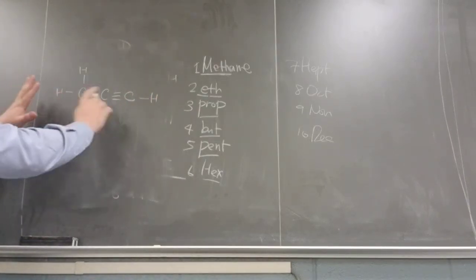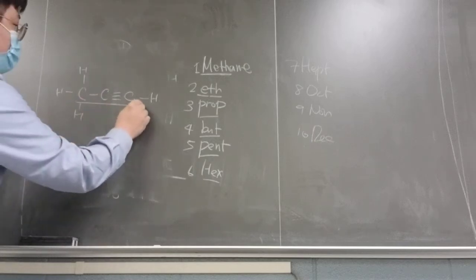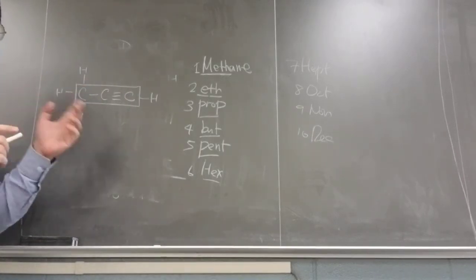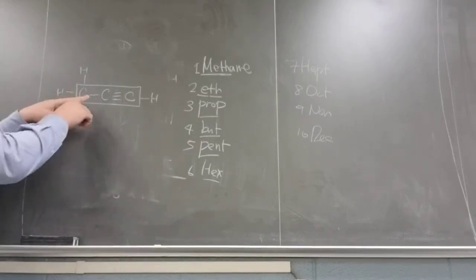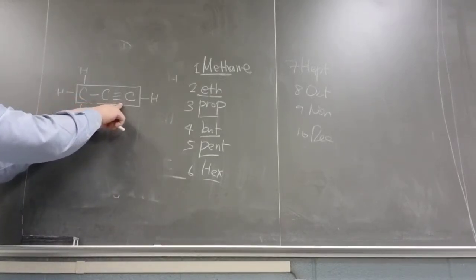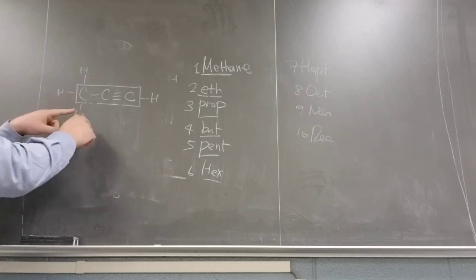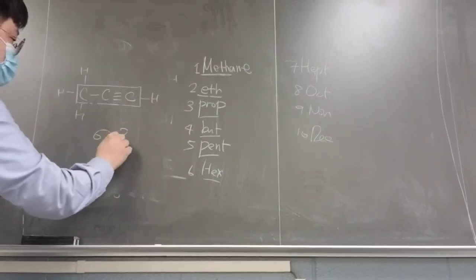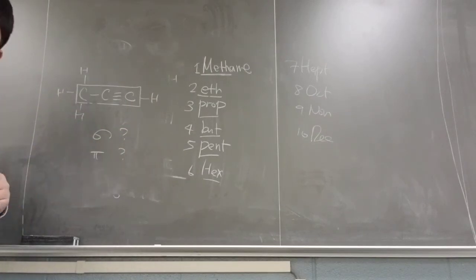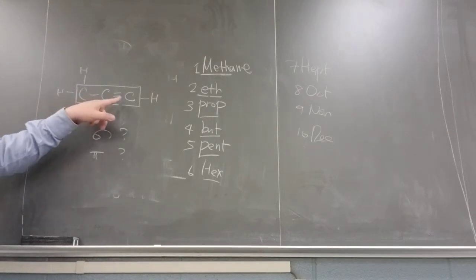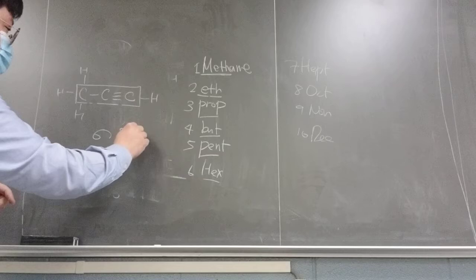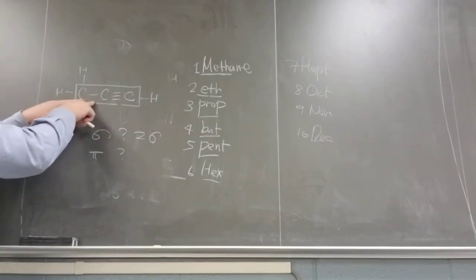But for now, if this is the case, how many sigma bonds and pi bonds will be there? Can you guys guess? There'll be one single bond and one triple bond. If that is the case, how many sigma bonds and pi bonds will be there? There'll be one sigma, another one over here, right? So it'll be 2, perfect. And there's no pi bond here, right?